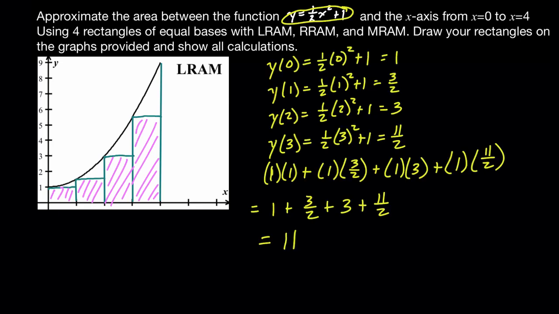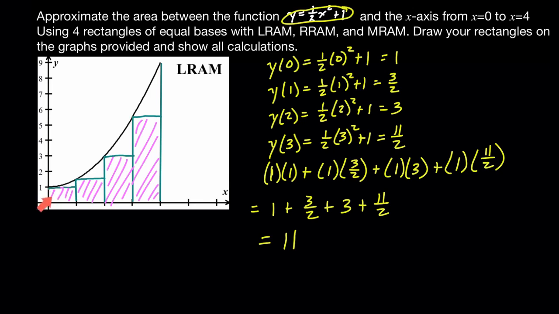All right, so what we have here is then going to be our calculations for, now each of these rectangles has a base of 1, and so you can see base times height, base times height, base times height, and base times height. The height of each rectangle is determined by the left side of the rectangle.